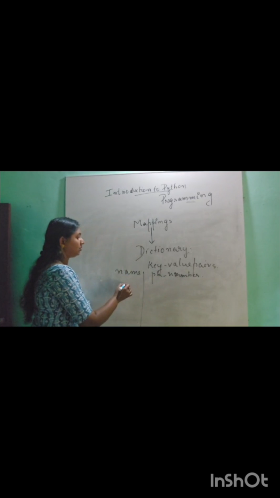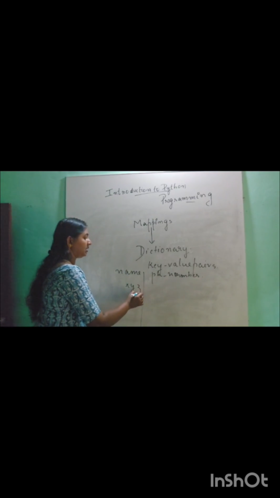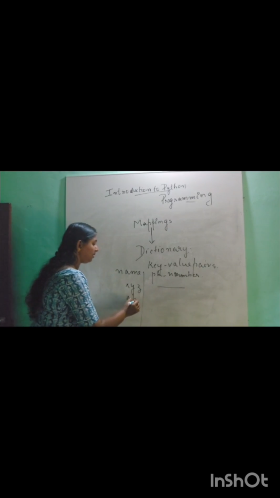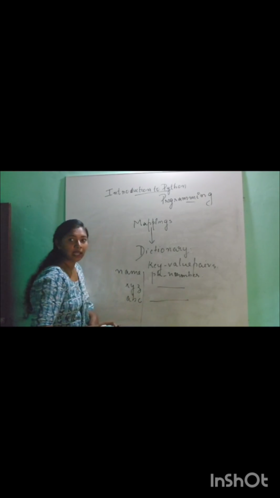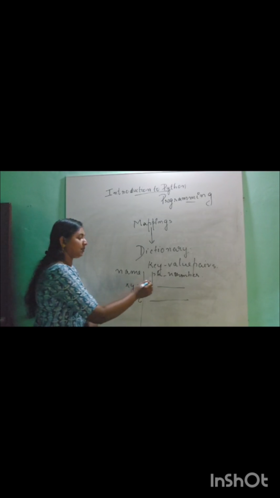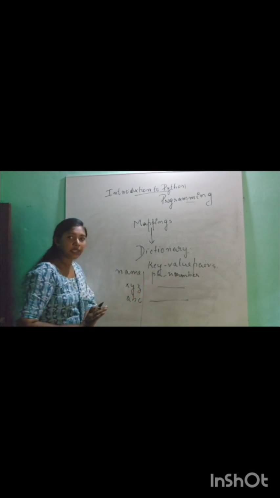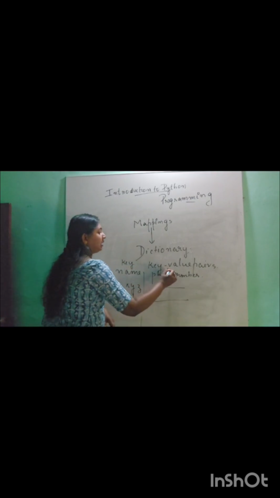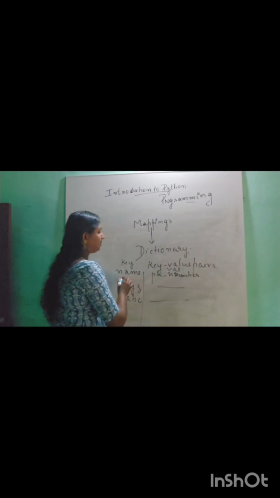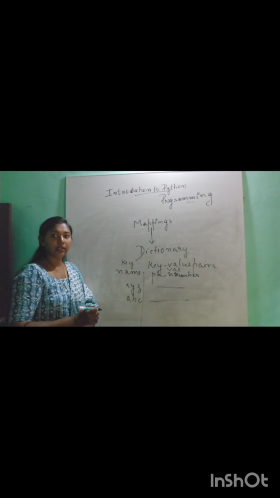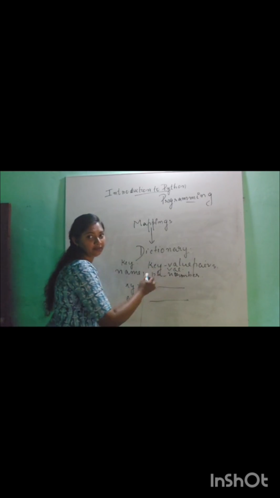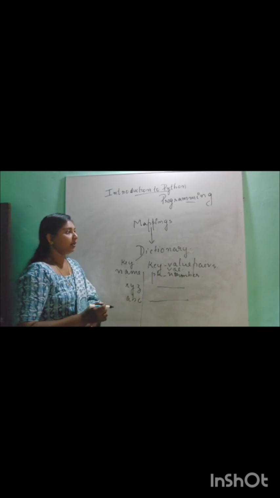Suppose the name is XYZ, and the number is something. The next name is ABC, and a number is associated with that corresponding name. Similarly, in a dictionary, the name is the key and the value is the phone number. The values are stored as key value pairs.